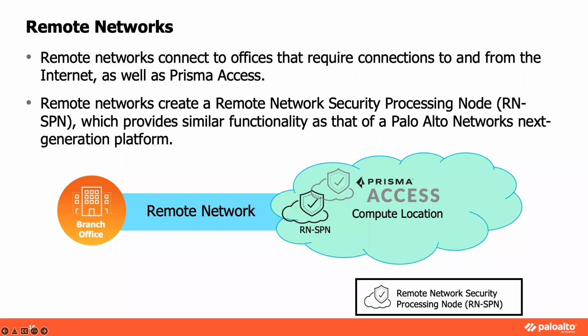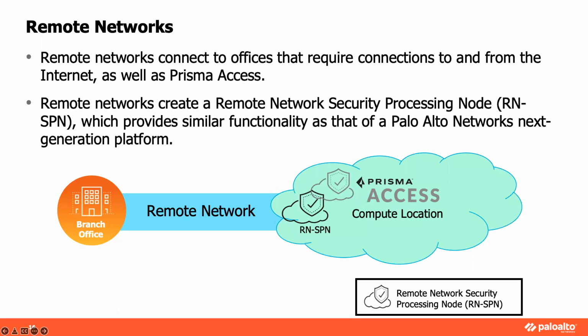using what we call an RN-SPN, a remote network security processing node, SPN, security processing node. And as the name suggests, it does security processing. I like to think of these as a firewall in the cloud. And just like any physical implementation of firewalls on premise, we will deploy them in HA pairs.